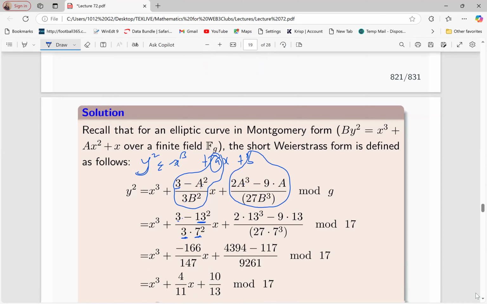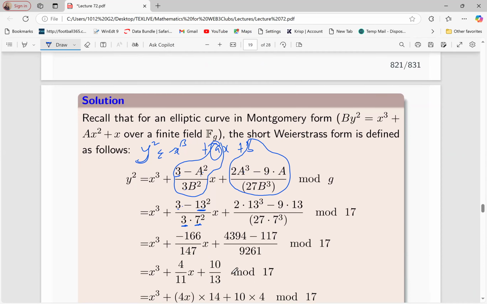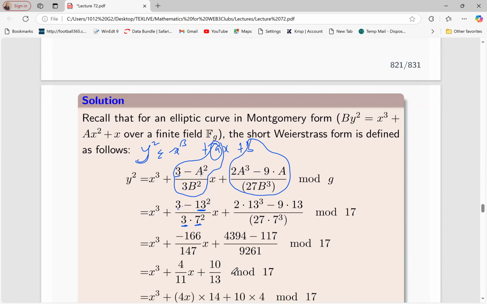Now, just substitute the values here. You must get the inverse of 11, because you cannot divide 4 by 11.